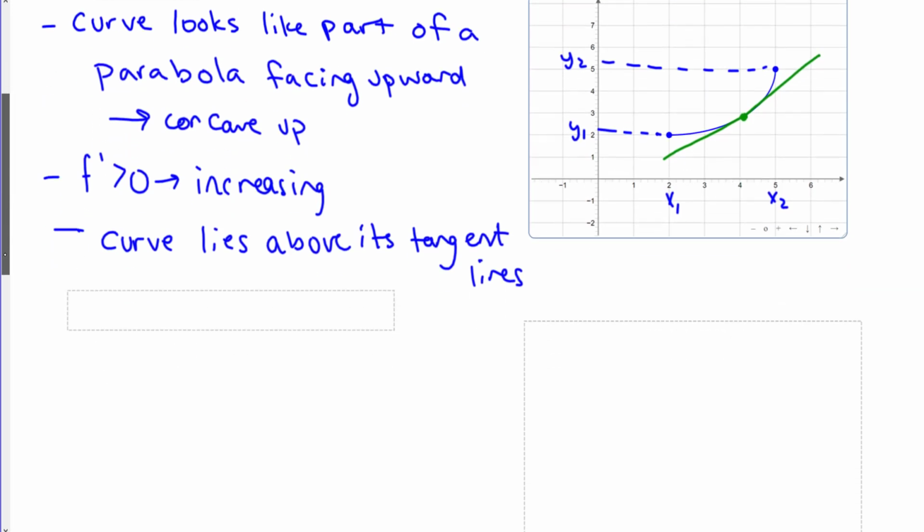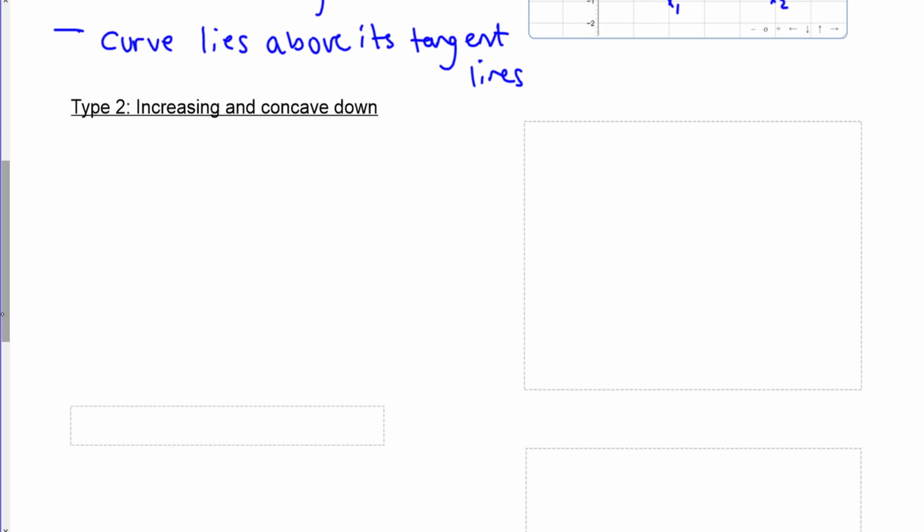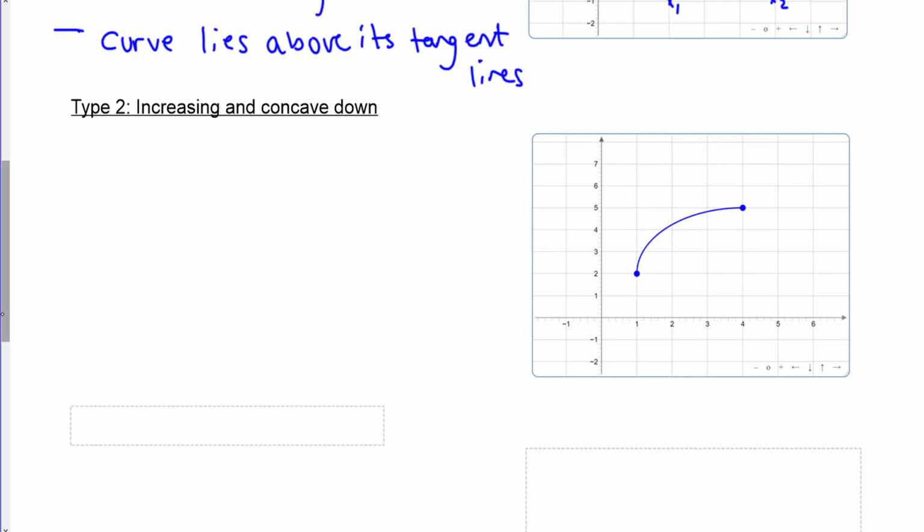If we compare that to curves that are increasing but concave down, now this curve looks more like a parabola that's facing downward. So you can kind of say that it's opening downward, okay? Or if you imagine a point on this curve and you draw its tangent line, the curve itself lies below the tangent lines, so that makes it concave down.